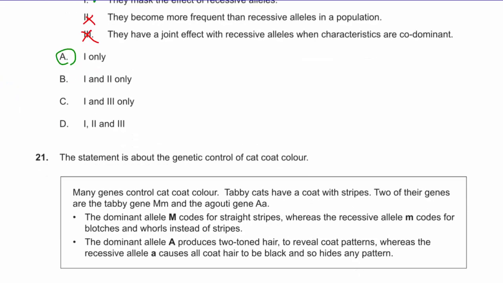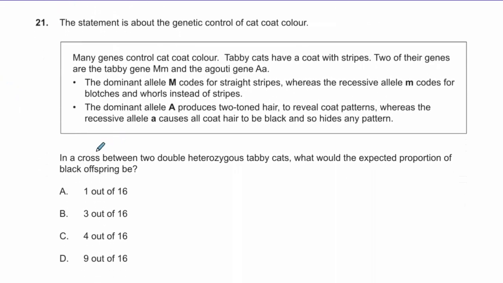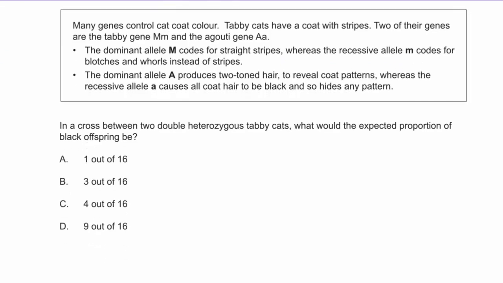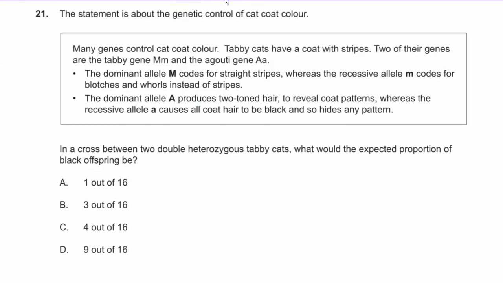One only, meaning A. The statement is about genetic control of cat coat color. And here they describe tabby cats with stripes and so on. Usually in this exercise you would have to make a Punnett square with two characteristics.